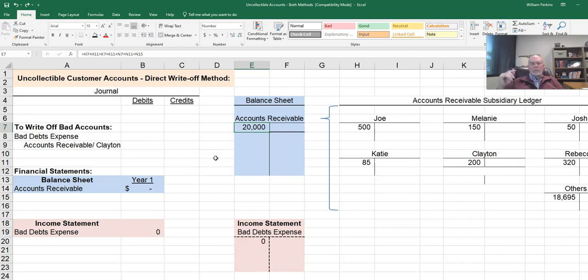And we have a pretty good idea that some customers aren't going to pay us. Now, we don't know who it is, but we're pretty sure that $20,000 is not really a future benefit. We think some folks are not going to pay us.